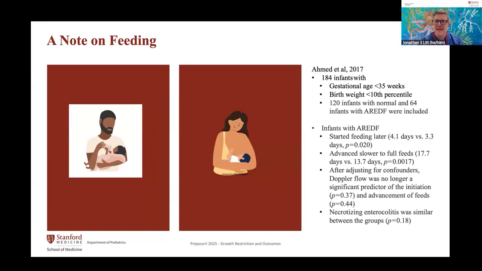In this last study of 184 infants who were born under 35 weeks, some of whom had abnormal umbilical artery Dopplers and others who didn't, they found that infants with Doppler abnormalities tended to start feeding later and advance slower to full feeds. But after adjusting for other confounders, the Doppler flow didn't seem to actually have an effect. And again, NEC rates were similar between both groups.